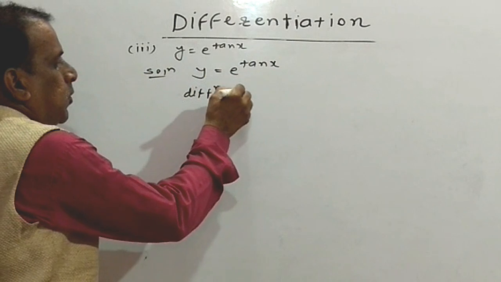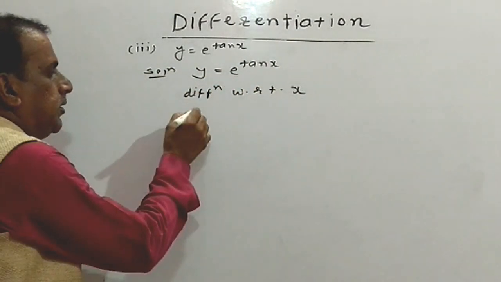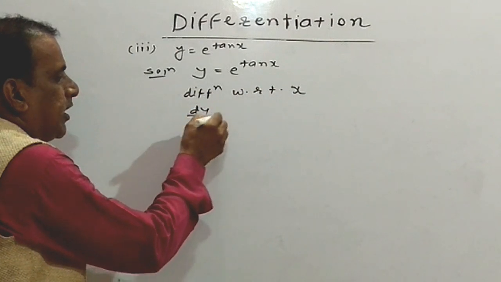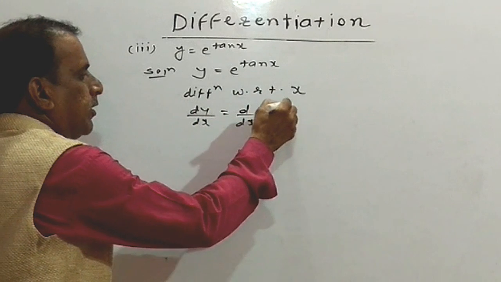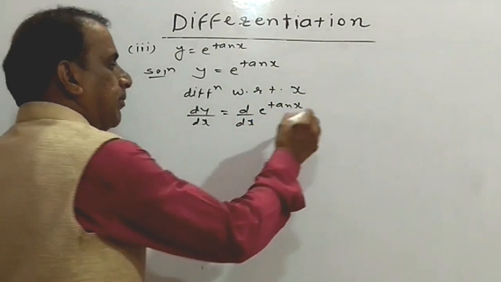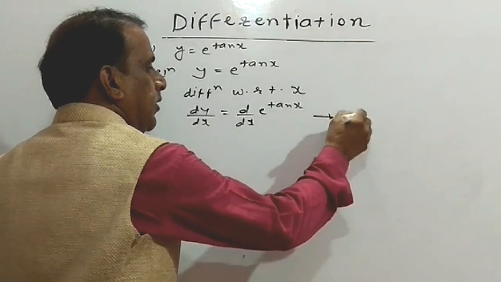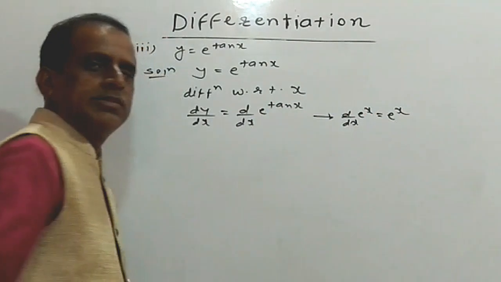Differentiate with respect to x, so dy/dx is equal to the derivative of e to the power 10x. Apply this formula: the derivative of e to the power x is e to the power x.